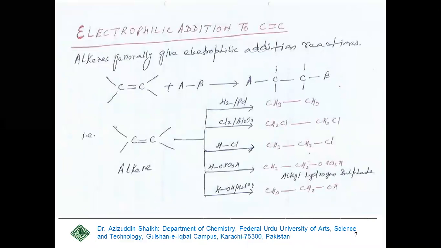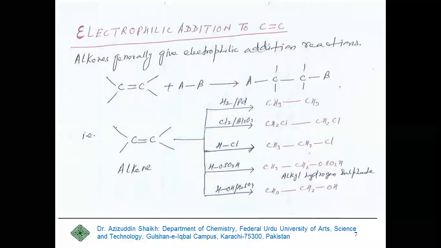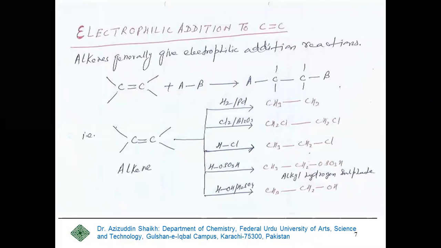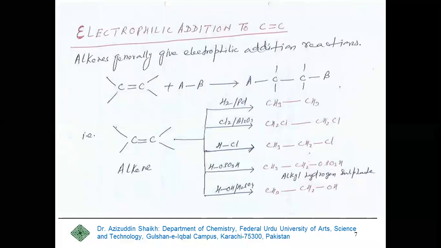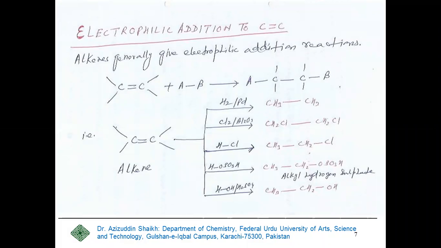So this is the concept of electrophile and nucleophile in organic compounds. They perform reactions on the basis of nucleophile and electrophile. Ionic reactions occur in organic compounds, but ionic reaction here does not mean positive and negative ions; the concept used is electrophile and nucleophile.